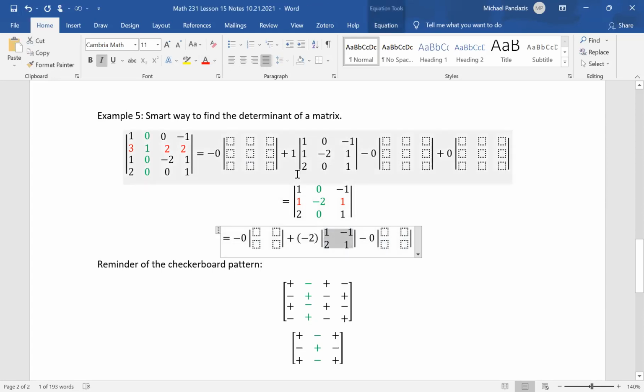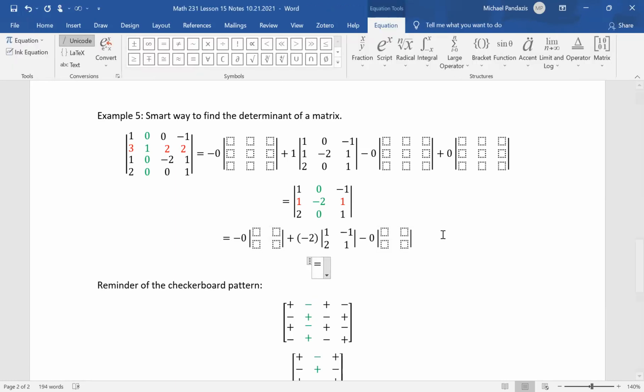The first row is 1, -1, then the next row is 2, 1. You just leap over the green entries. So this expression is equal to -2 times the determinant of that matrix, because the other 2 entries are 0.